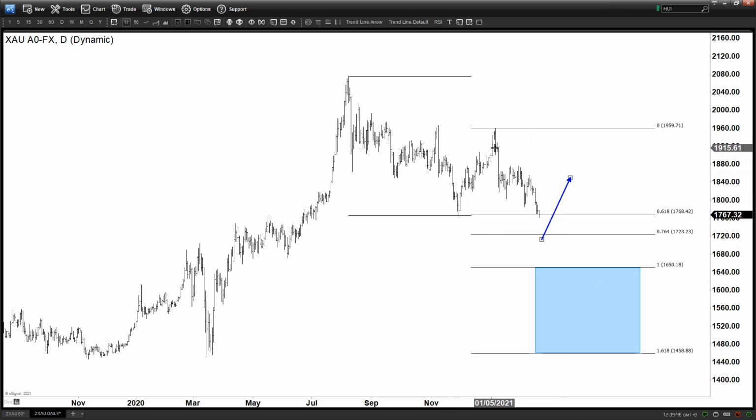Then we need to see the reaction higher from around low 1700 to see how strong the reaction is. That can tell us whether gold is really going to go lower again to 1650, or maybe this correction to low 1700 can completely finish this and then start a bigger rally. Usually when it is an impulse, the reaction will be so obvious that you will not second guess whether this is the real deal or not.